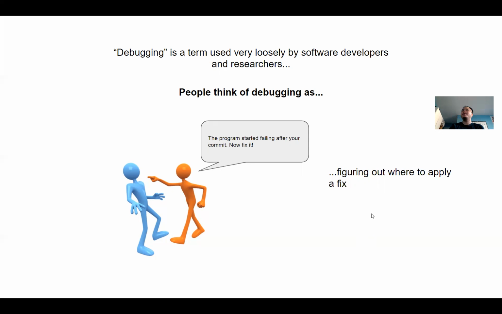You might be applying the fix somewhere else. So in this little picture, you have someone blaming another person, saying the program started failing after this guy's commit. He needs to figure out where to apply the fix, but it doesn't necessarily have to be within that same commit, right? So maybe that's another conception that you might have had.